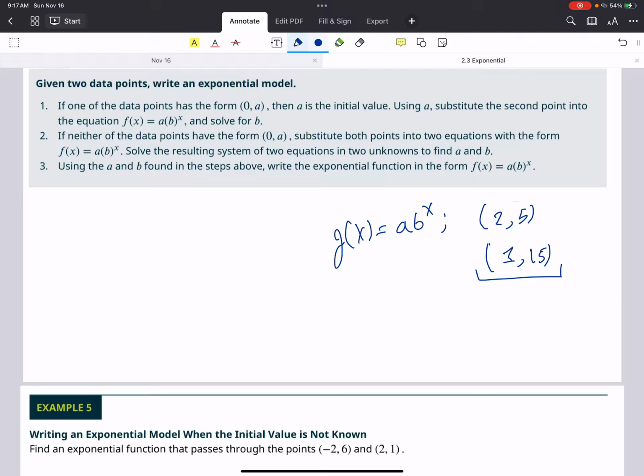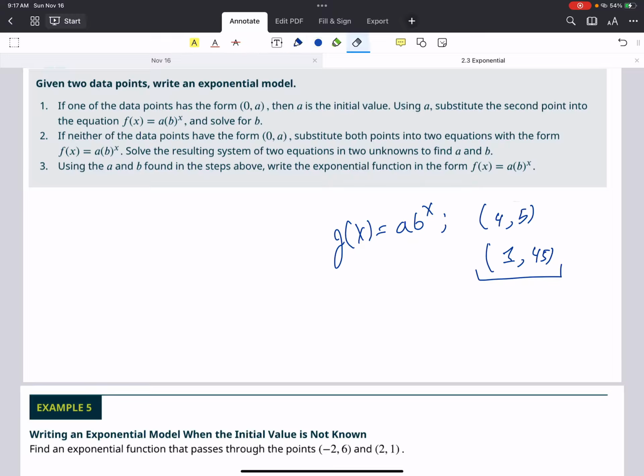Well, you just plug in. Actually, let's make this 4. Would that help us? I have no clue.